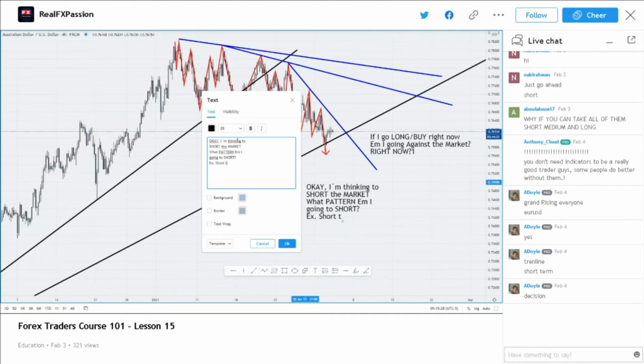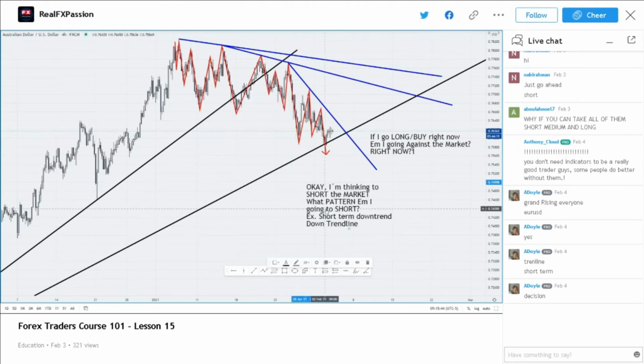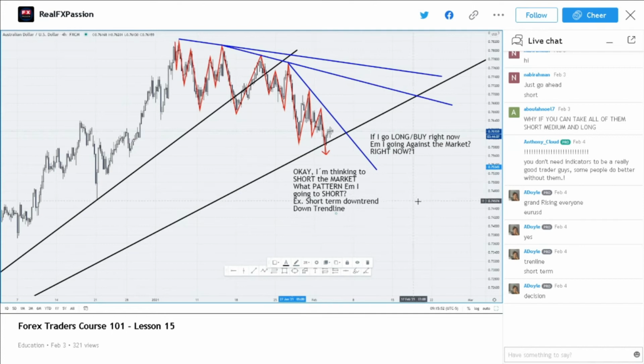Example, short-term downtrend, right? And or the down trend line. Pickles at the end of retracement short, okay? Pickles going to A2, okay? So what are we going to short, everybody?